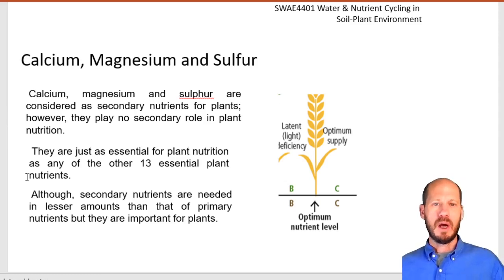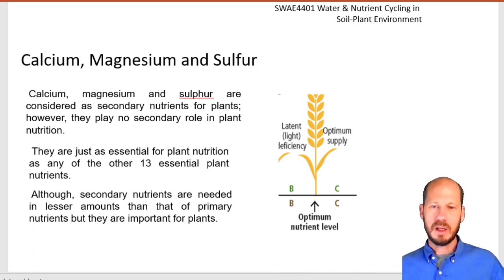Why do we consider these elements secondary macronutrients and not primary like phosphorus, nitrogen, and potassium? The difference is that the plants need these nutrients in lower concentration than they need phosphorus, nitrogen, and potassium.